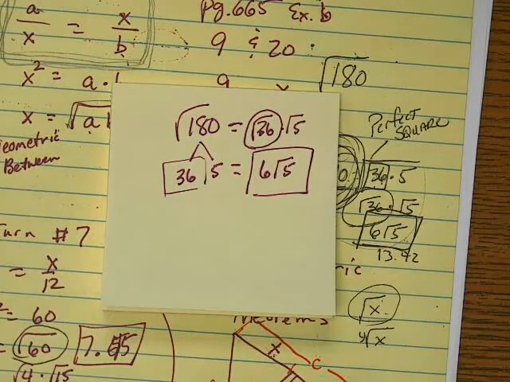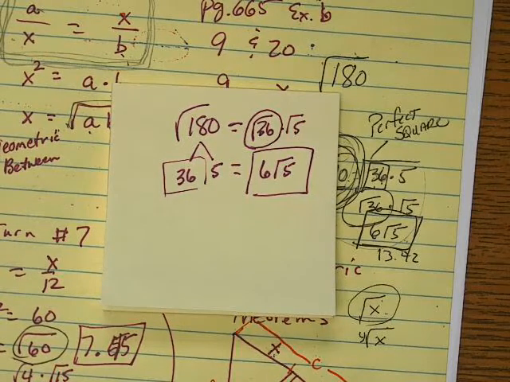As you get further along in math, there will be things such as scientific notation that you have to think about, factorization and how numbers work, basically. Okay, square root of 180. Any questions on radical form and simplifying radicals?